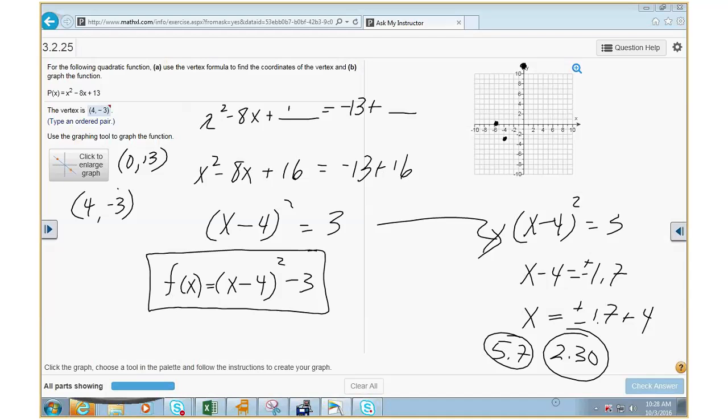And my other y-intercept should be negative. Nope, something's wrong. I've got something wrong. Check my vertex. Is my vertex correct? Positive 4, negative 3.